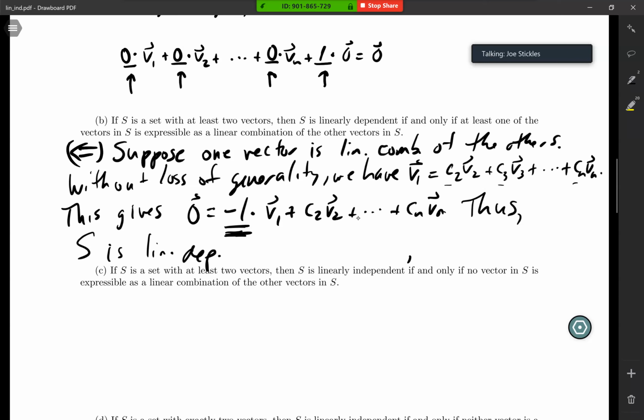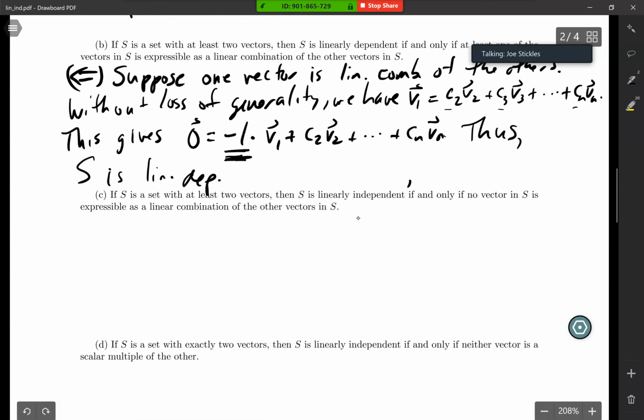So really statement C is just a combination of the two contrapositives of the statement up here. So C is just the same statement as B, written as a contrapositive of the if and only if, if you will. That's why C has to be true, because we already showed that B had to be true.